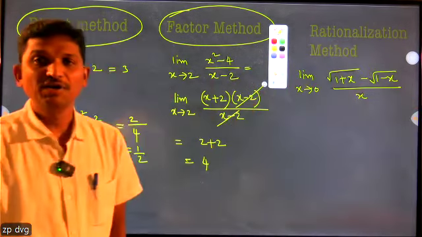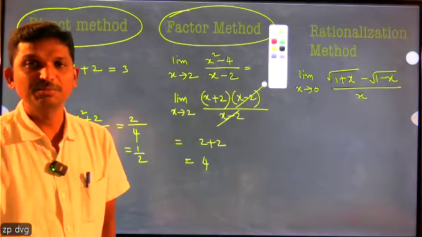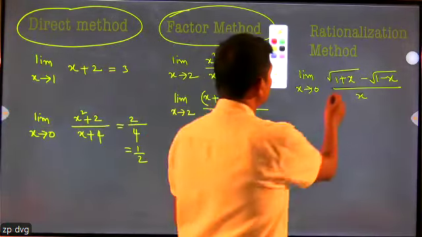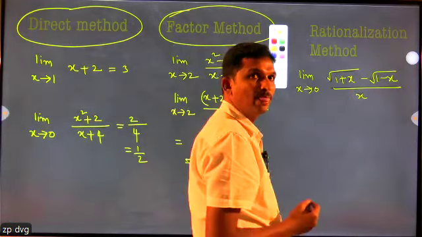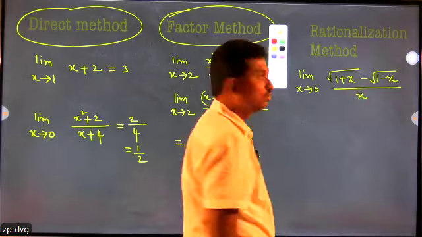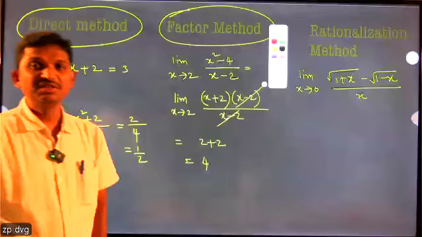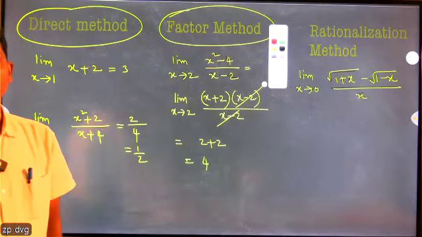You need to find the limit of this function. Put x equal to 0: 1 minus 1 is 0. 0 by 0, indeterminate form.